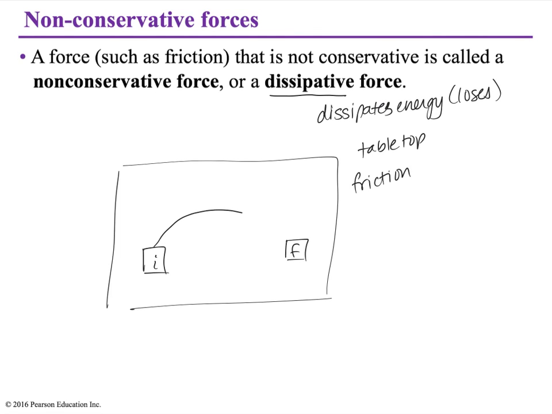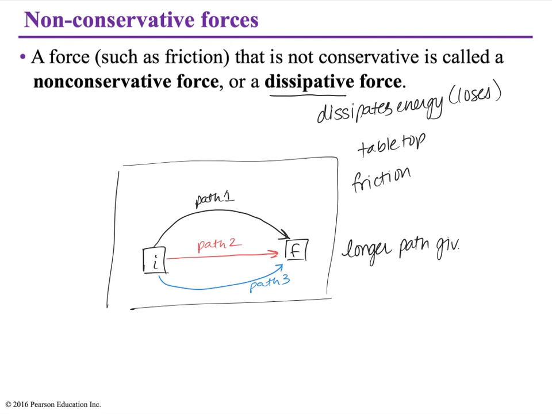And we might take this path, and we might take this path, and we might take this path. A longer path gives more opportunity for friction to act.